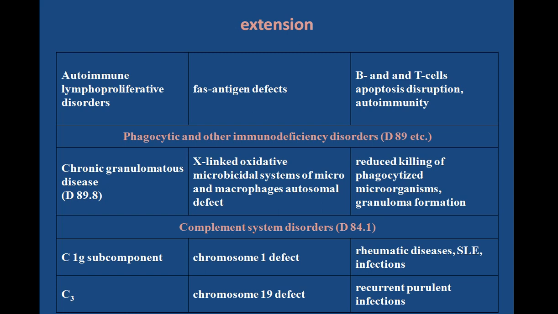Then a very big quantity of different phagocytic and other immunodeficiency disorders, D89. The main representative of this group is chronic granulomatous disease.